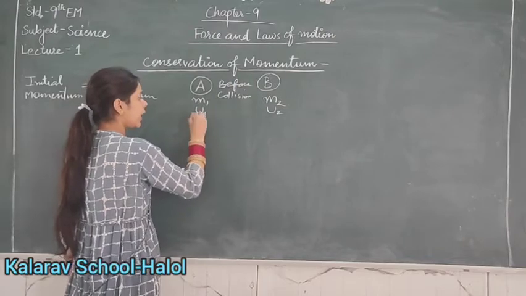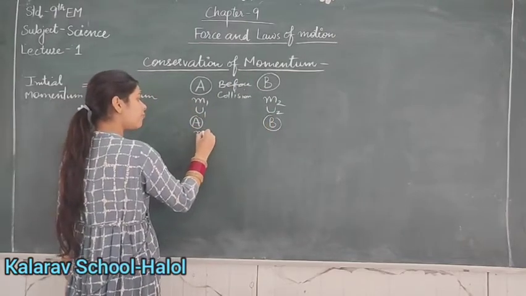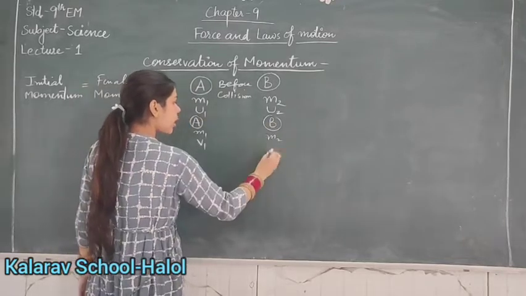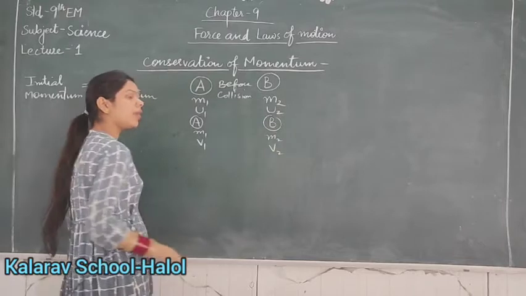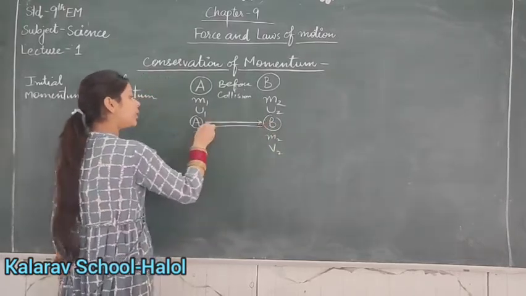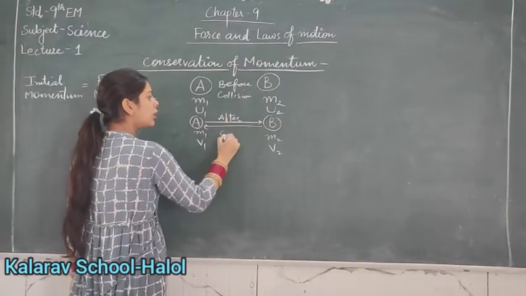Similarly, body A and body B having mass m1 and velocity v1, mass m2 and velocity v2, collide with each other, that is after collision.